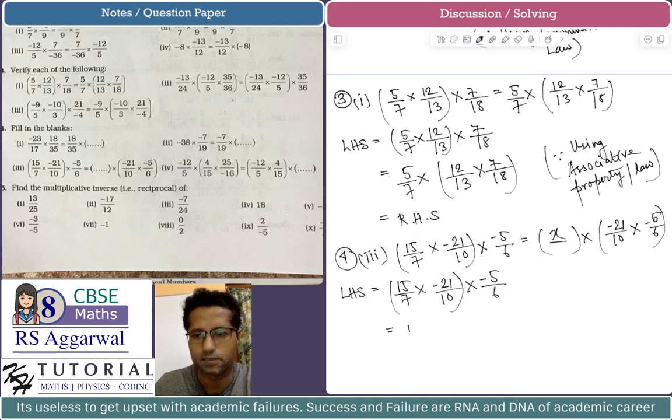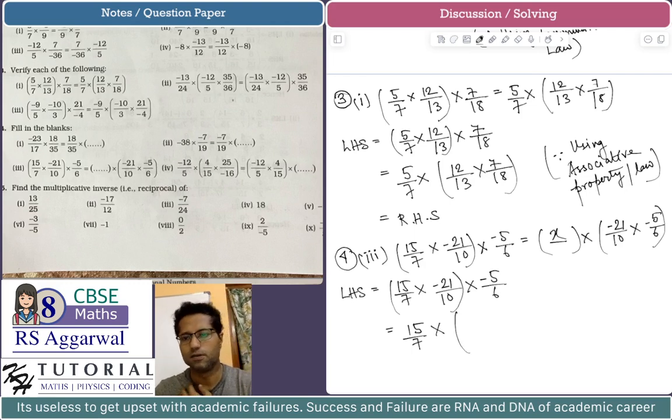This we can write as 15 by 7 multiplied by, we can change the grouping. Since multiplication of rational numbers follows the associative law, in the given left hand side the grouping is between the first and second rational number, and we can change that to the second and third rational number. That is, we can group the second and third rational number, and the value remains the same. So we can write it like this.